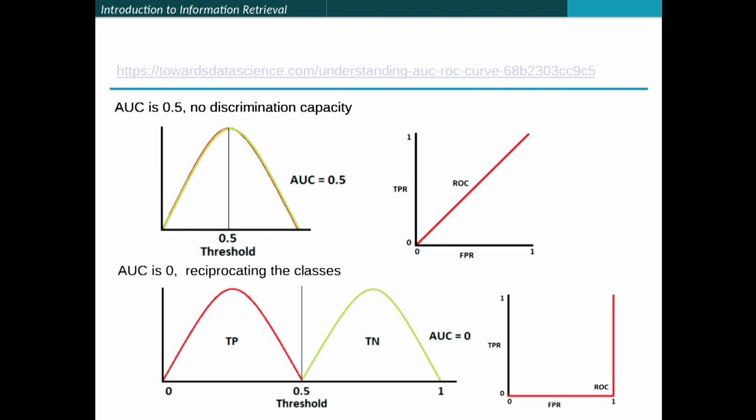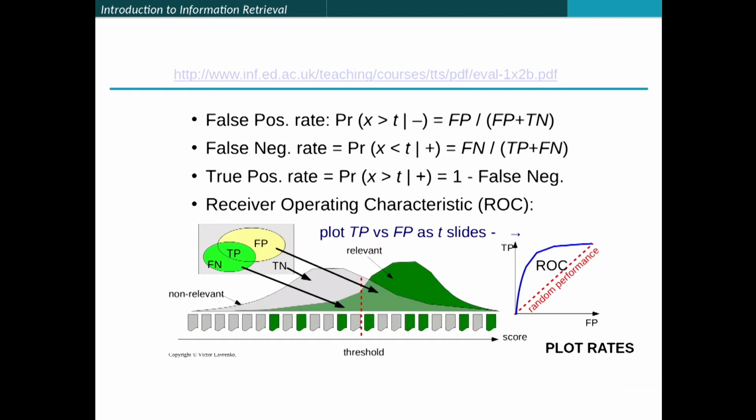Now, if the two classes overlap, there is no possibility to distinguish between the two classes, because the two classes, true positive and true negative, overlap. So in this particular case, the only option for the system is to guess. You do not know whether it's true positive or whether it's true negative. That's why, if we go back to this slide, this curve is random choice, because it is the ROC curve that you get when you cannot distinguish between the two classes.